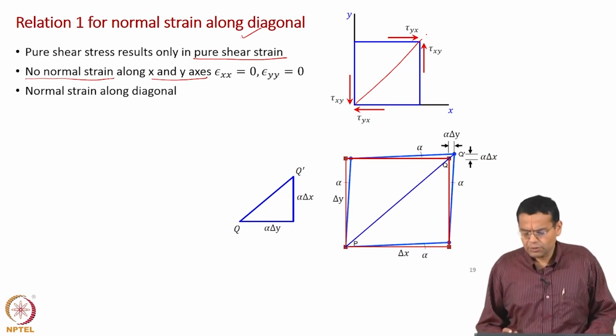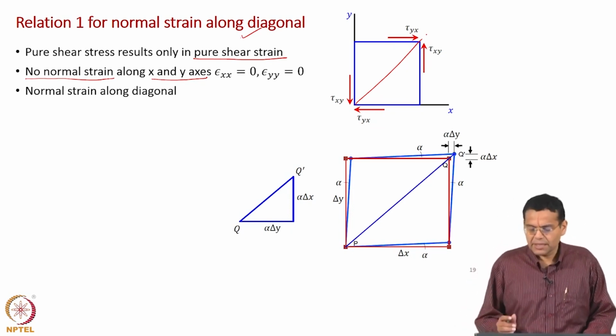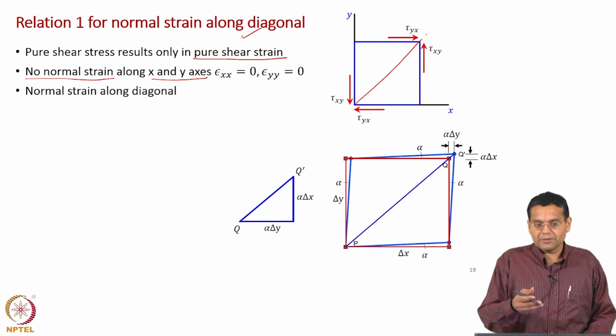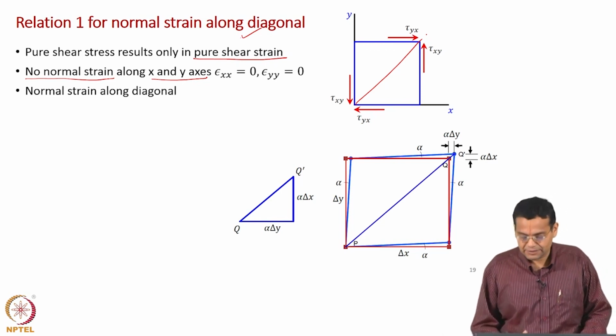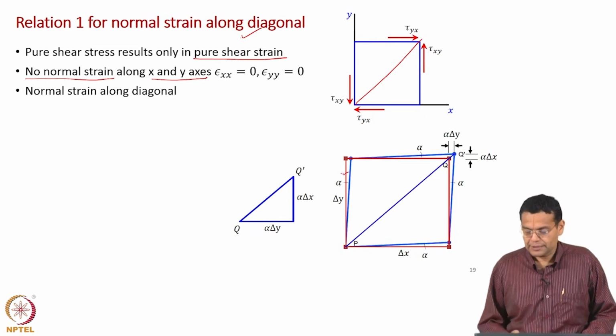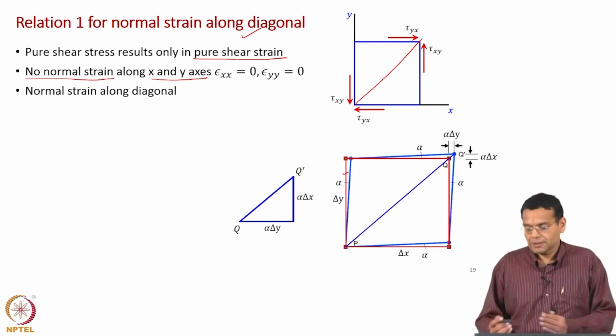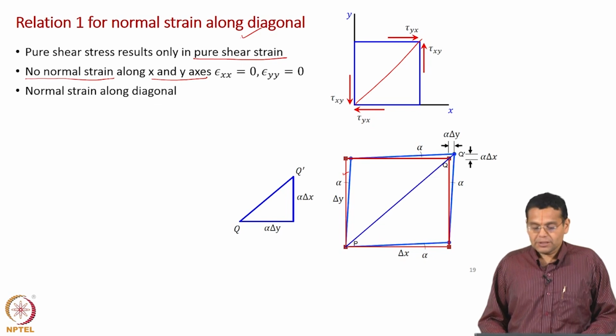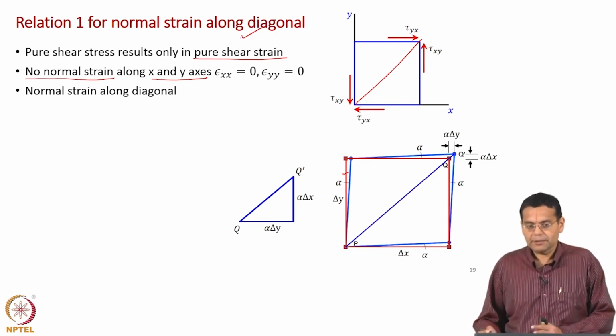Now, this diagram is similar to the diagram which we have seen earlier, in the previous recall slide. The red boundary shows the initial state, which is subjected to pure shear stress and results in the final state given by the blue boundary.